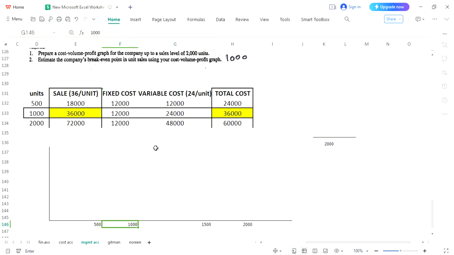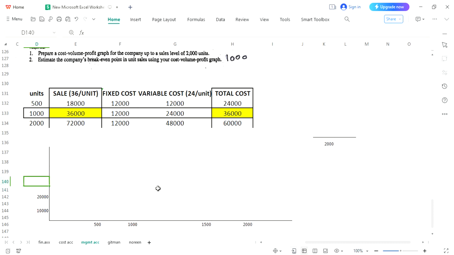On the y-axis, you will put both sale and cost. Minimum sale is 18,000 and minimum cost is 24,000. So you may use a table of 10,000 over here: first 10,000 and then 20,000.